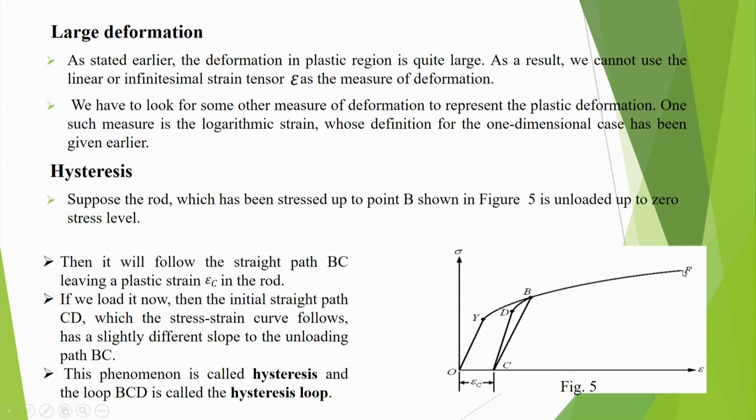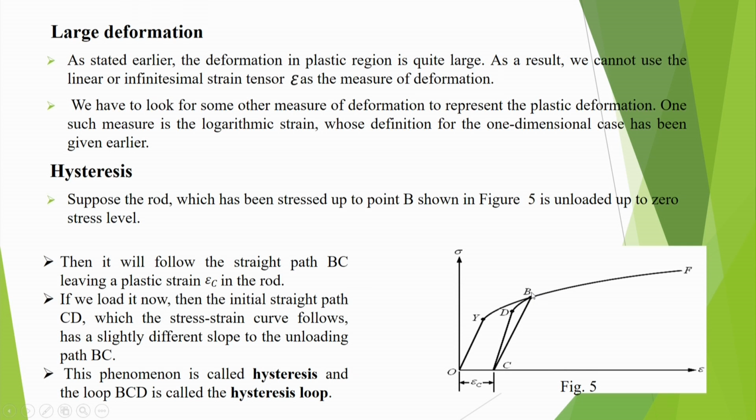So, this is YF, and suppose you load the material starting from zero stress, stress increases, reaches Y, plastic deformation starts and you reach point B. Then you remove the load, that means there is unloading.